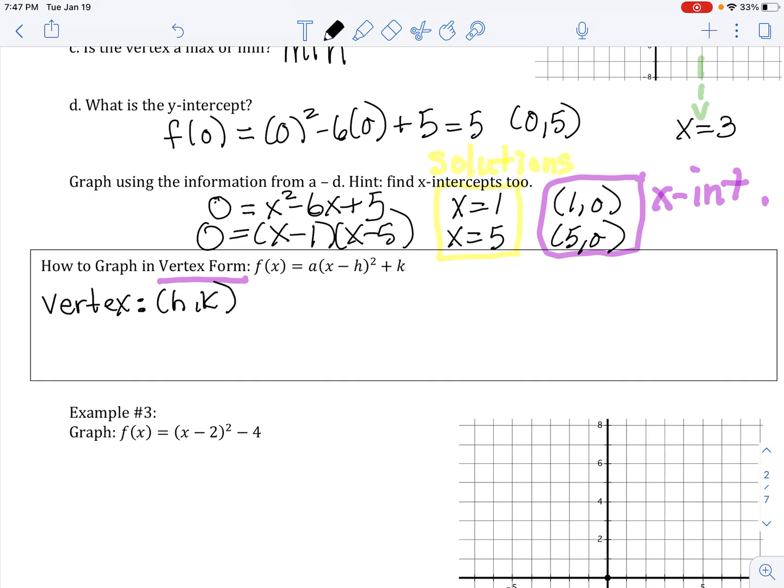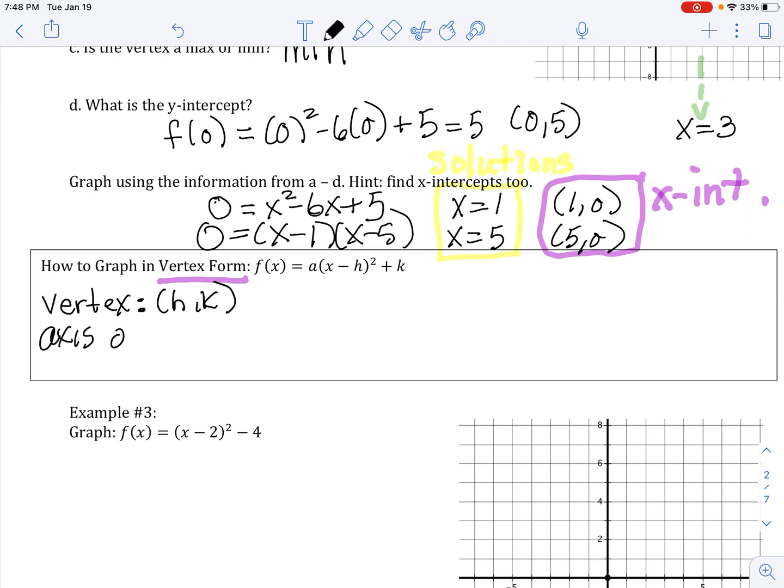If it were written x plus the number, then you take the opposite of it for your h value. So all you need to do in vertex form, it's actually easier than standard form because in this form you're given the vertex. There's no calculation here.